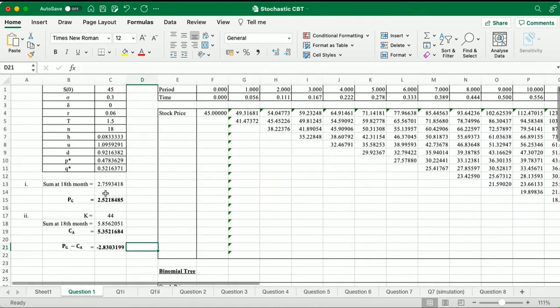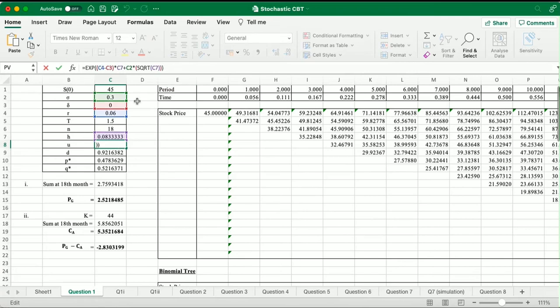So we put all the information given in this table, and then we calculate h, which is equal to T over N. U is equal to exponential of (r minus delta) multiplied by h plus sigma square root of h.